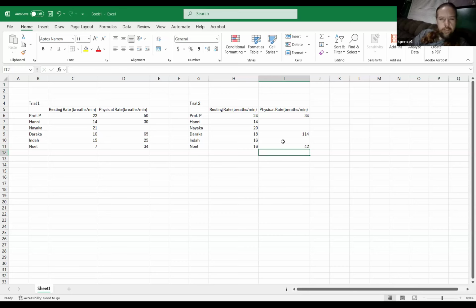And Niyaka? 38. So we're looking at 64. 38. That's not double. Good math. And I got 37.